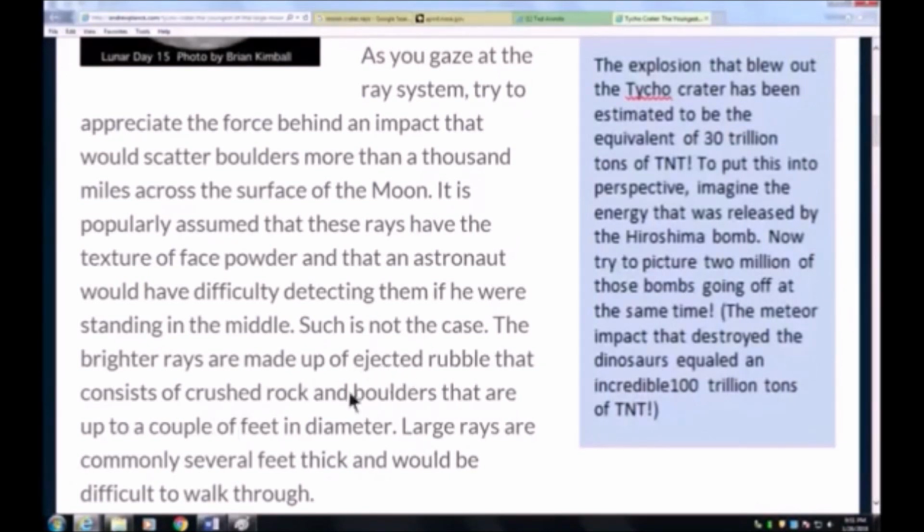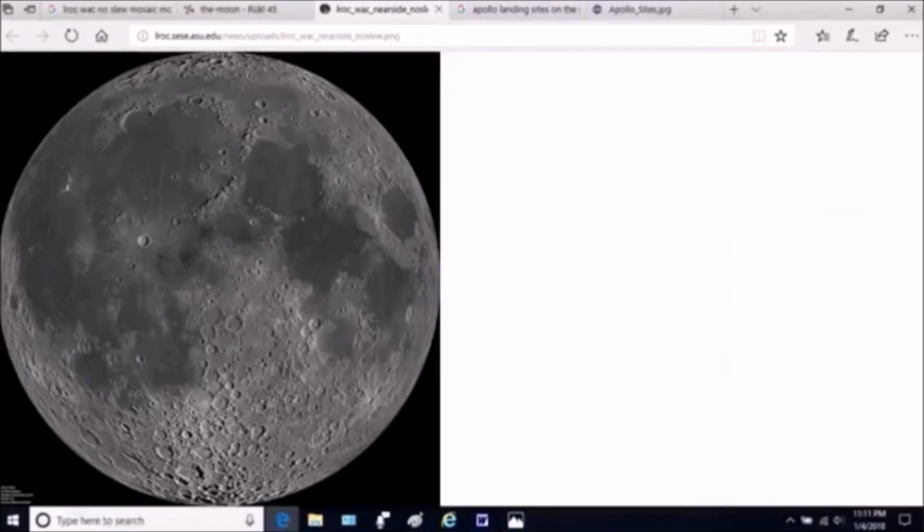Now this here, where he says that the boulders are up to a couple of feet in diameter, that's a vast understatement. And I'll explain that in just a little bit. But first I want to point out that this is Tycho here. Now this is a composite image.